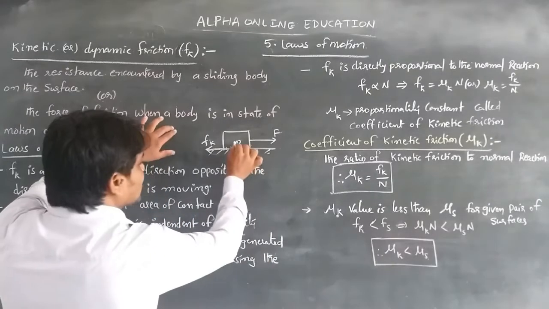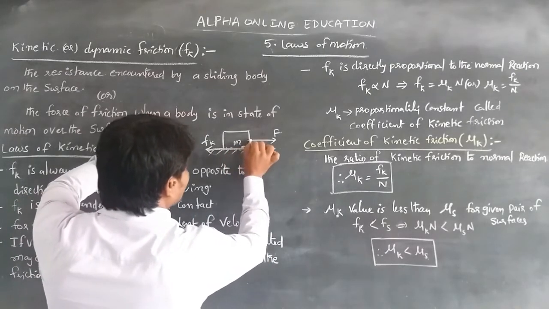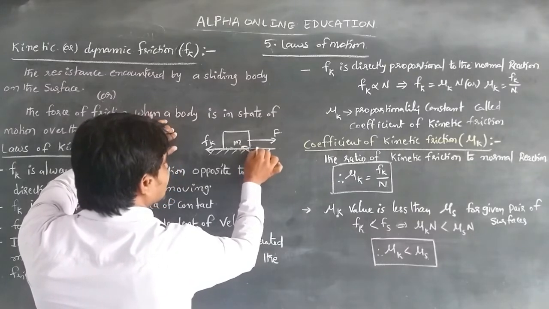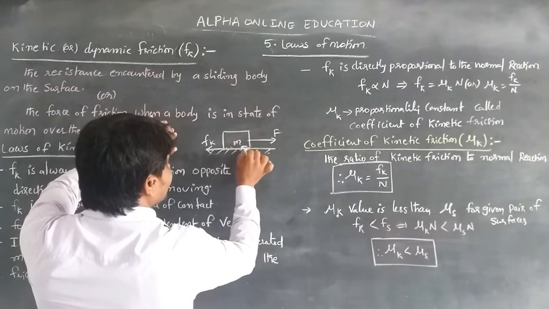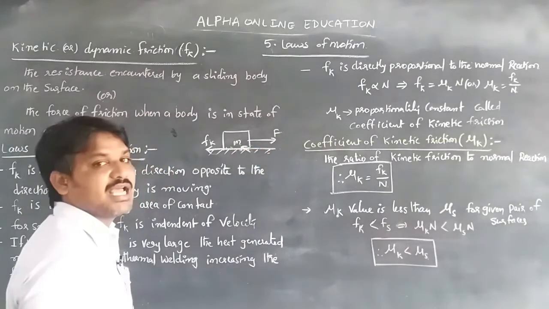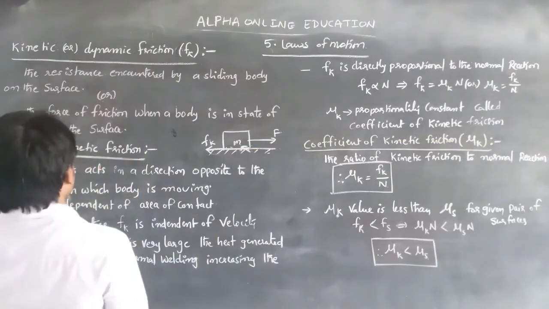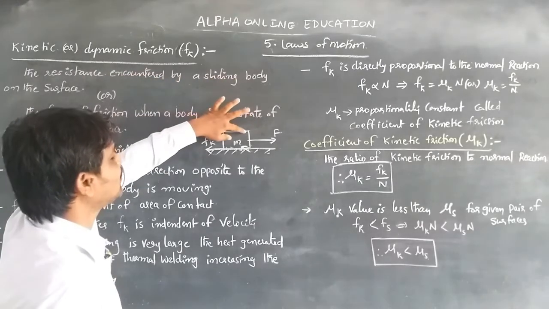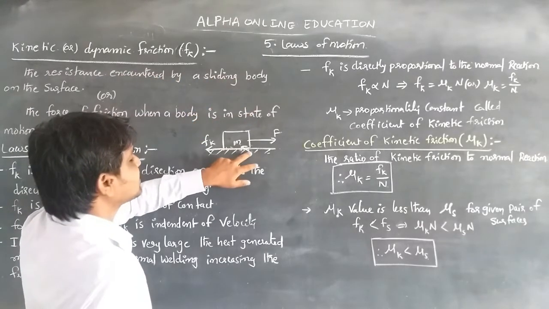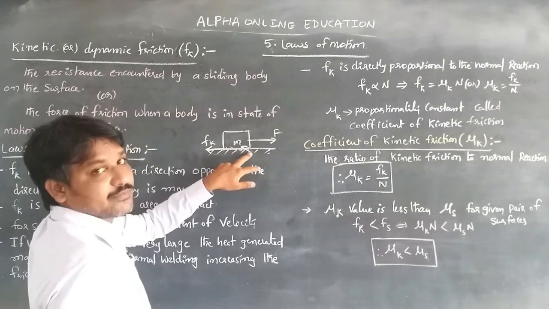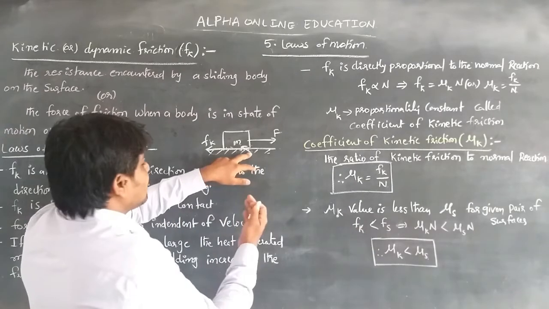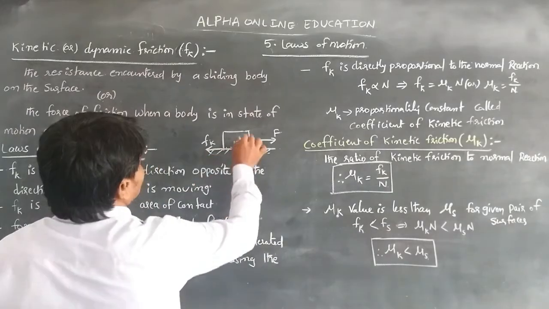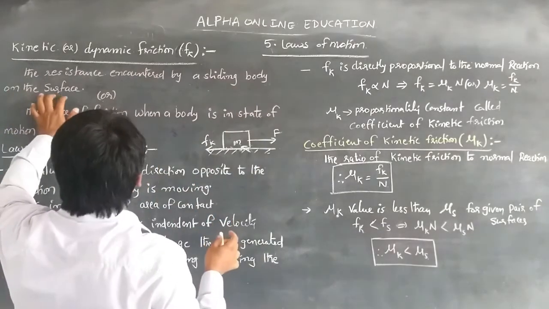Whenever the body is moving in this direction, the opposite resistance force offered by the surface is called the kinetic frictional force. The sliding body is overcoming the force offered by the surface.